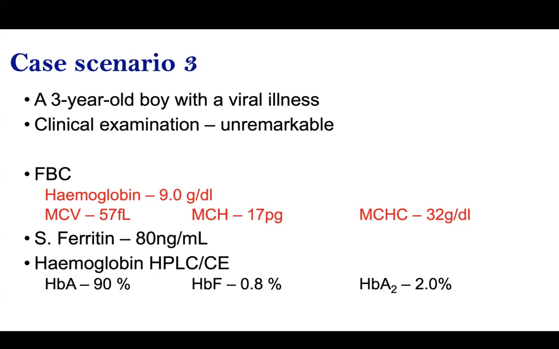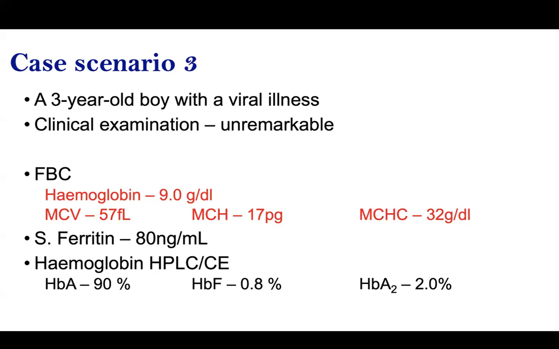No history of lead poisoning, and lead levels are normal. Anemia of chronic disease? No chronic disease in the child. Very well child. Ferritin high because of infection? Nope. Even after the infection settles, ferritin remains normal.